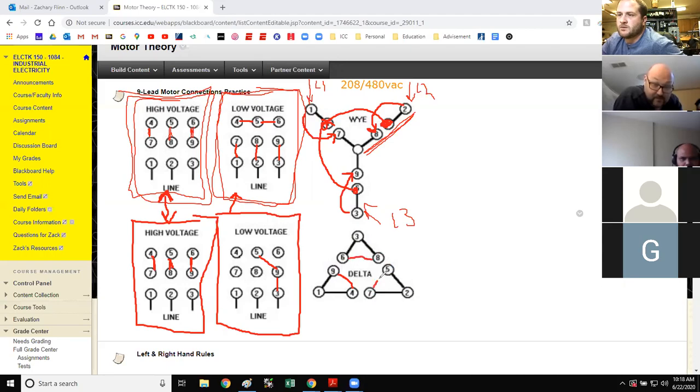What else? 1, 1, 6, and 7. So 1 to 7, and on a nameplate it looks like this.